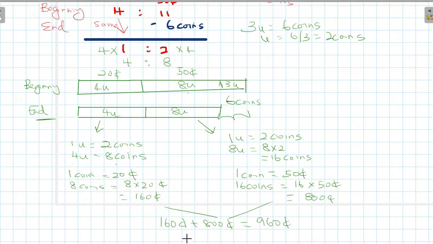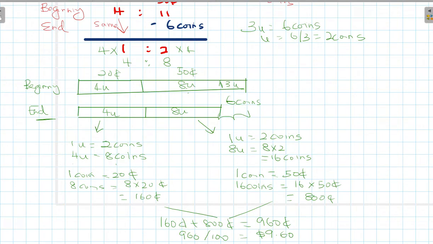To convert into dollars, divide by 100. It will be $9 and 60 cents. If you are still confused, rewind this portion and try it yourself, and see whether you manage to get the answer.